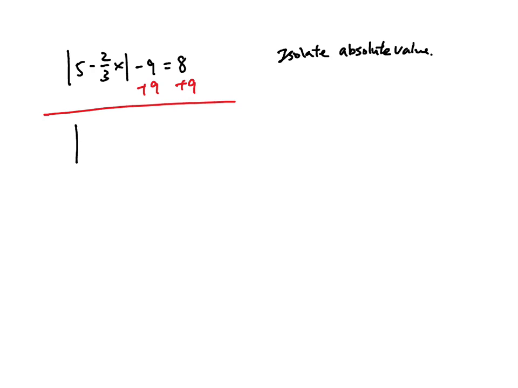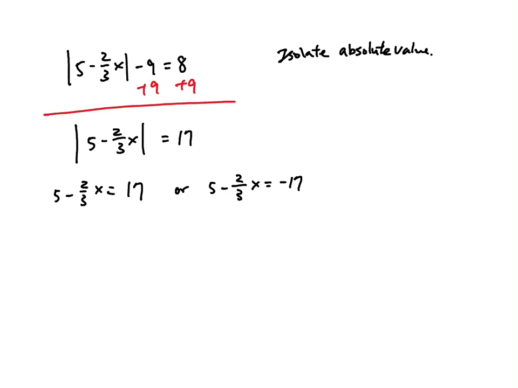Once I do that, I have the absolute value of 5 minus 2/3 x equal to 17. From here, we can finish the problem just like the last question. So the inside is either going to equal 17 or the inside is going to equal negative 17. And we can solve from here accordingly.